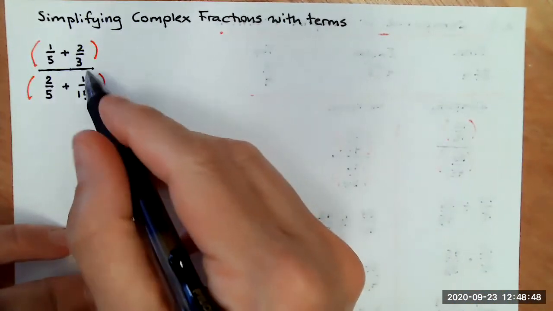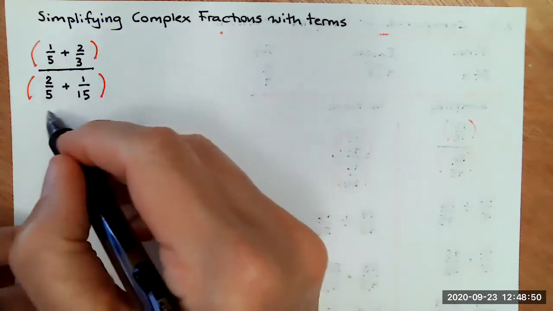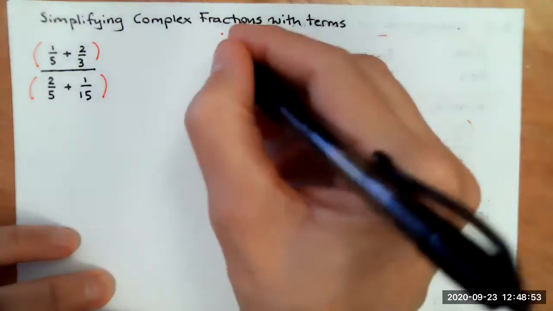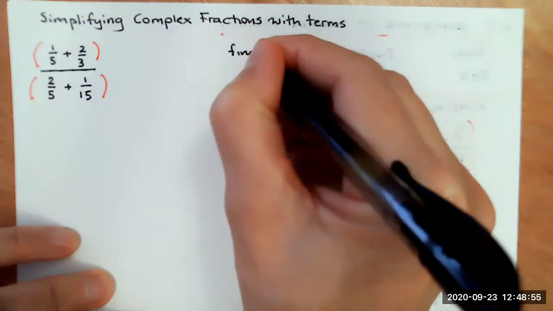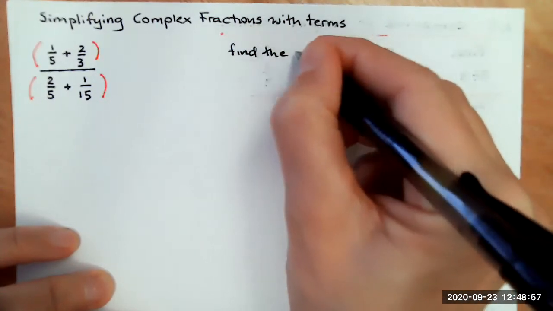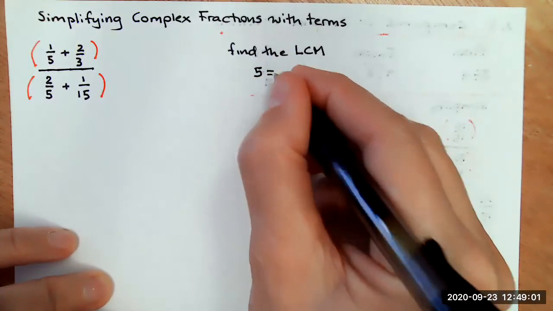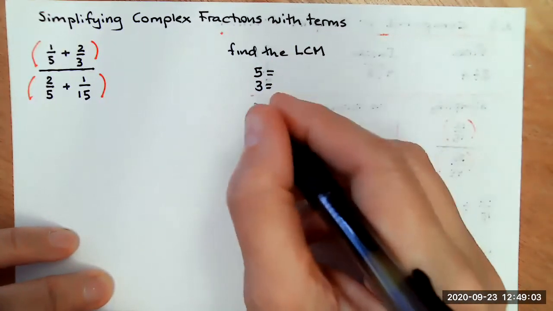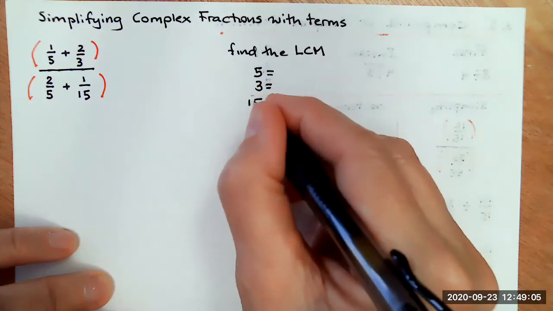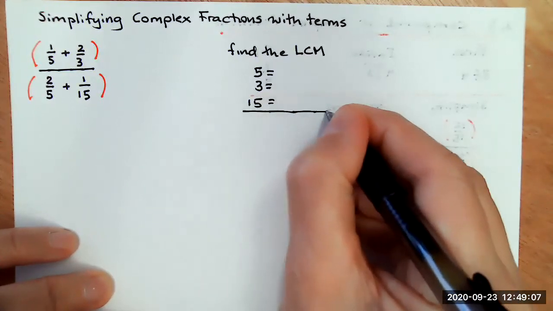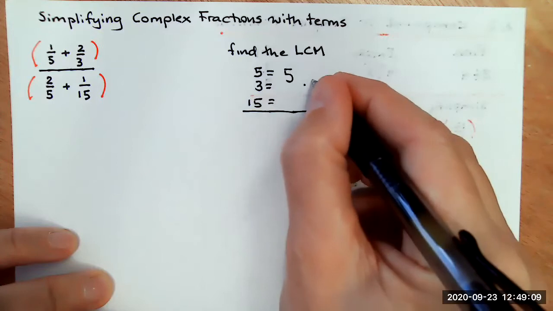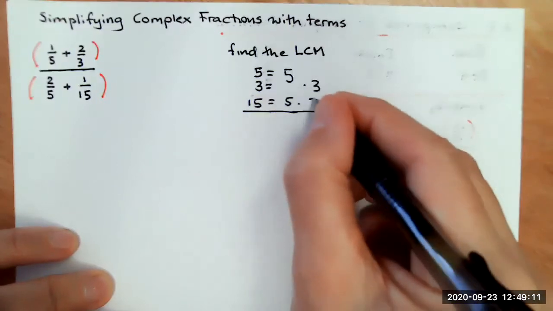So the first thing you can do is find the least common multiple of all the denominators. So the least common multiple of 5, 3, and 15 is 15.